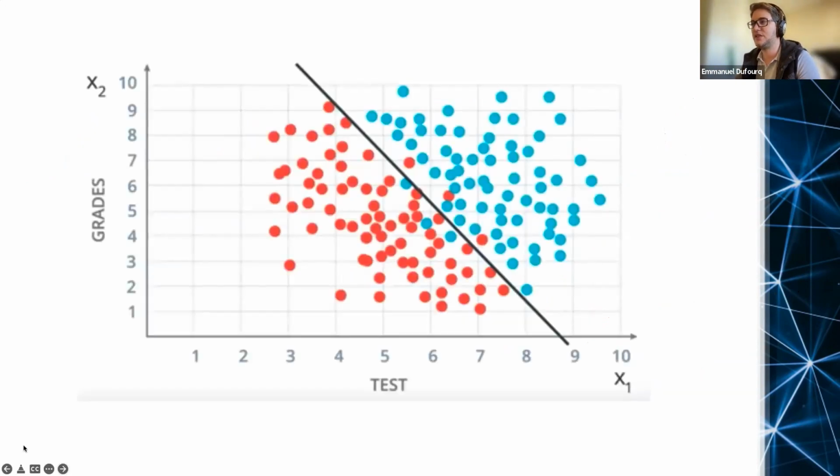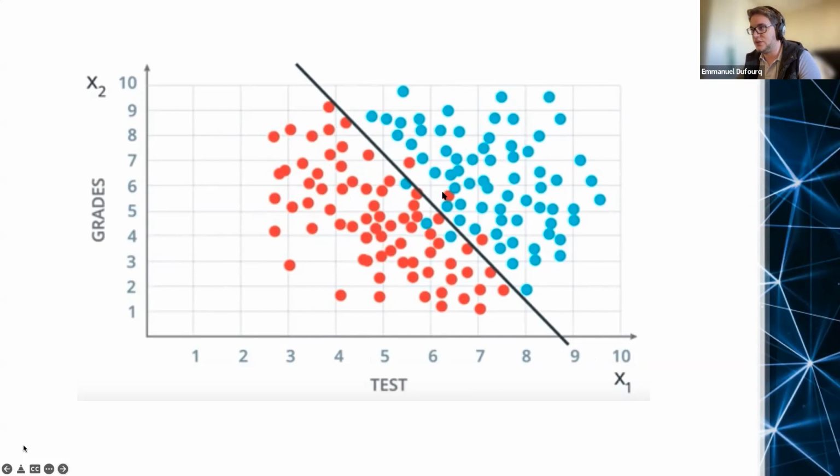Okay, so let's have this simple problem where we would like to build a simple model that will allow us to determine whether or not we admit a student into a course, for example. So we have the student grades, and we have some test grades, and we want to separate the red circles from the blue circles.